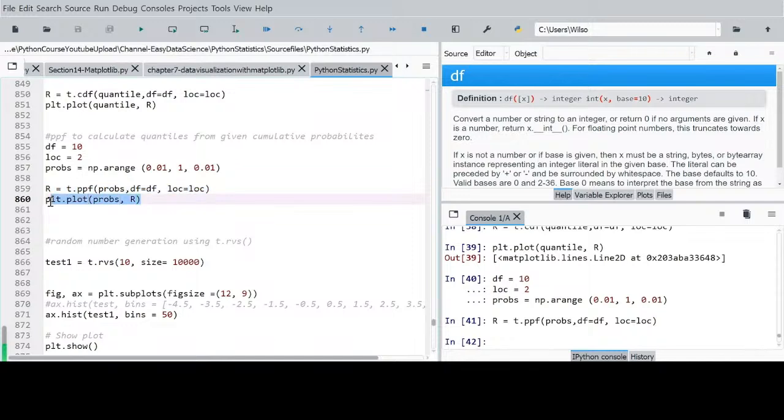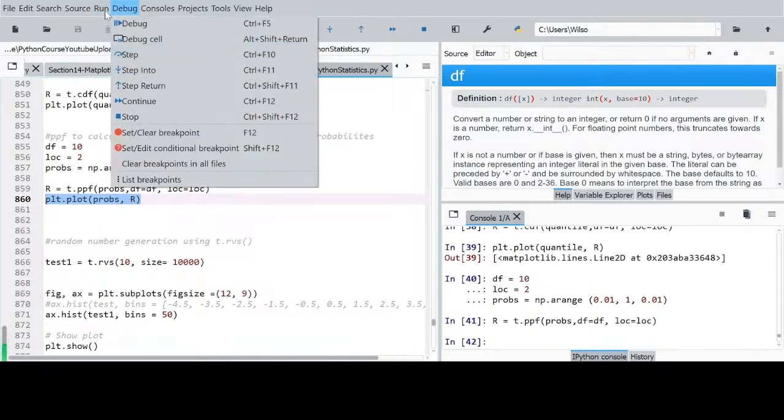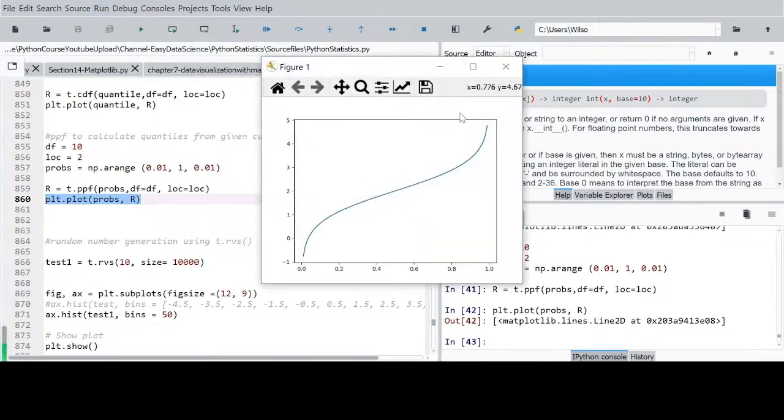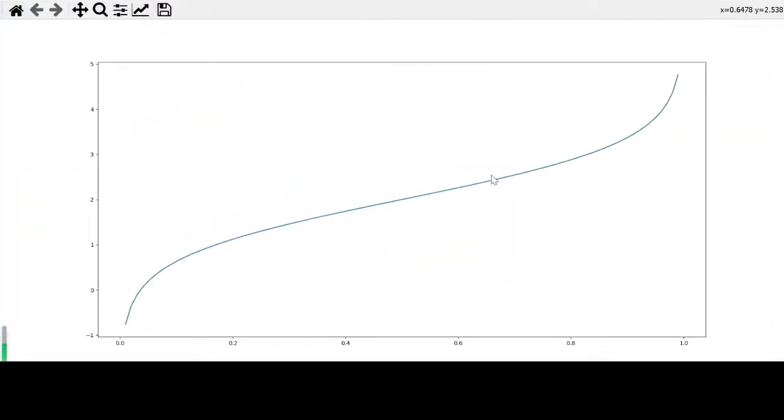And next we show the relationship between the cumulative probabilities and the quantile value. This curve is the inverse of the CDF, the cumulative probability curve.